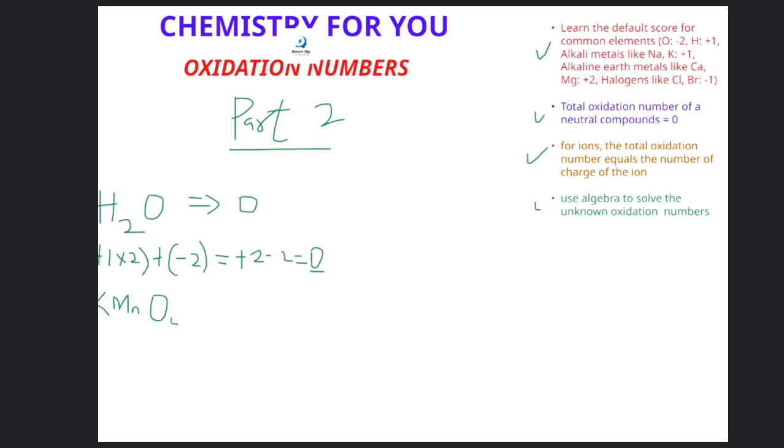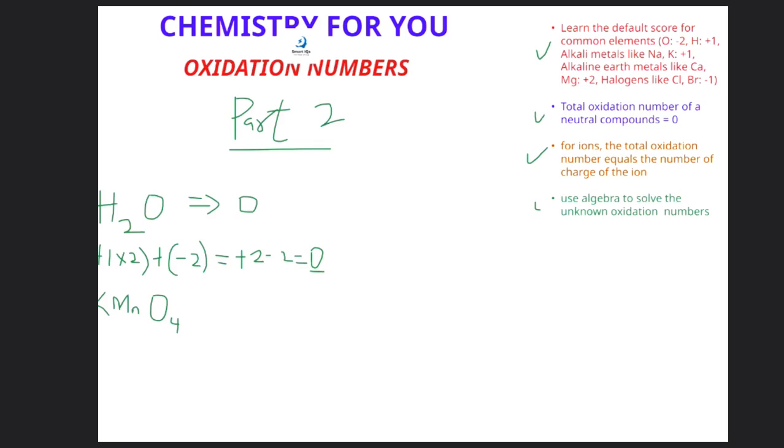You are familiar with potassium and with oxygen, but you are not familiar with manganese because it's not in the first 20 elements. Because we are not familiar with it, we want to look for its oxidation number. So how do we do that?